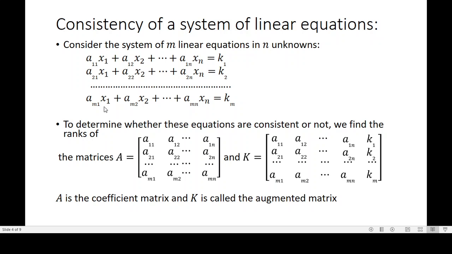The mth equation is am1x1 plus am2x2 plus etc. plus amn(xn) is equal to km. So we have a system of m equations. This is the first equation, second equation and so on. This is the mth equation in n unknowns x1, x2, etc.